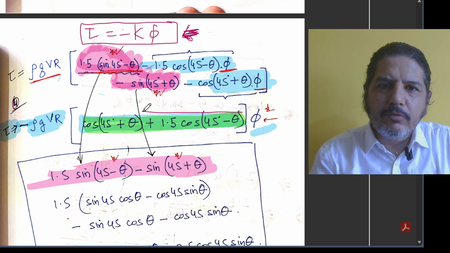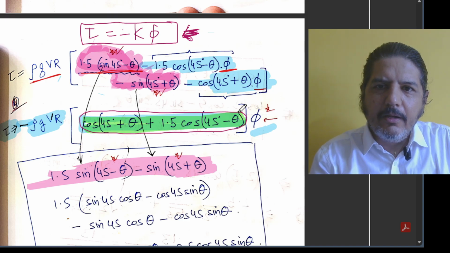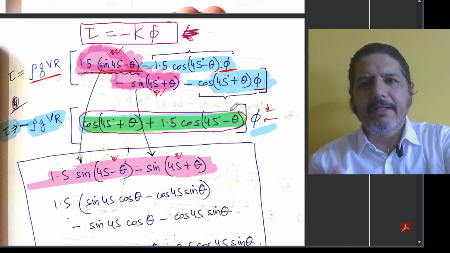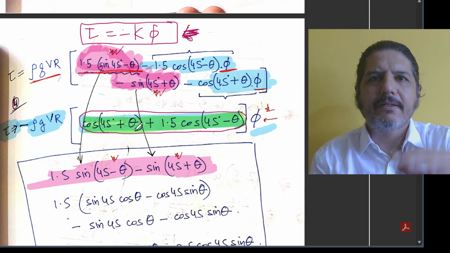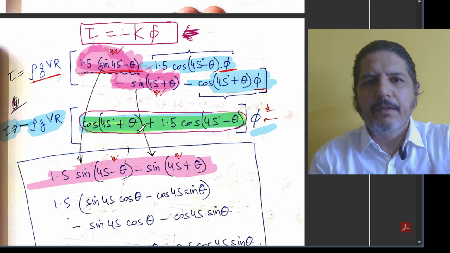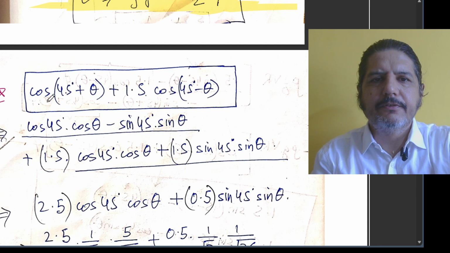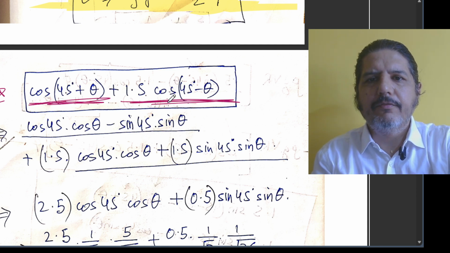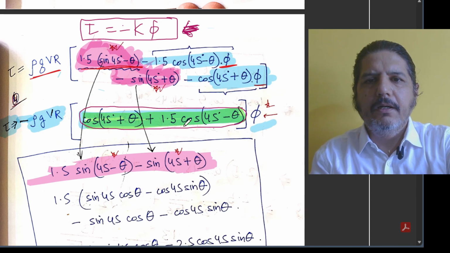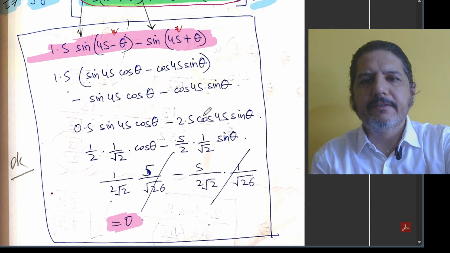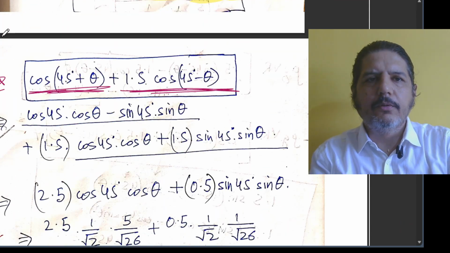But before that, I have to calculate this, which again is a mathematical part. Let me show you that part. I won't be going into the detail. Cos 45 plus theta, plus 1.5 cos 45 minus theta. So I'll work this out.